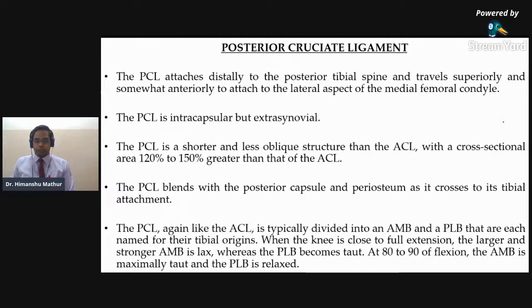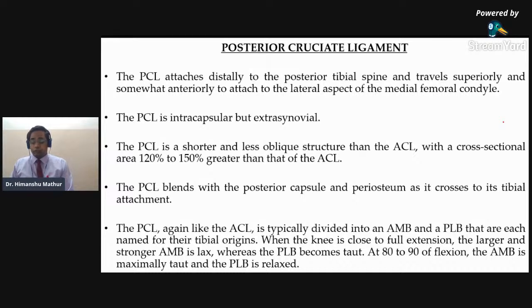Next is your posterior cruciate ligament. Let us not talk about only the posterior cruciate ligament, because we have mechanisms like dashboard injury, or a straight posterior blow on the tibial tuberosity from the anterior side, especially in sports, and especially rugby and American football.